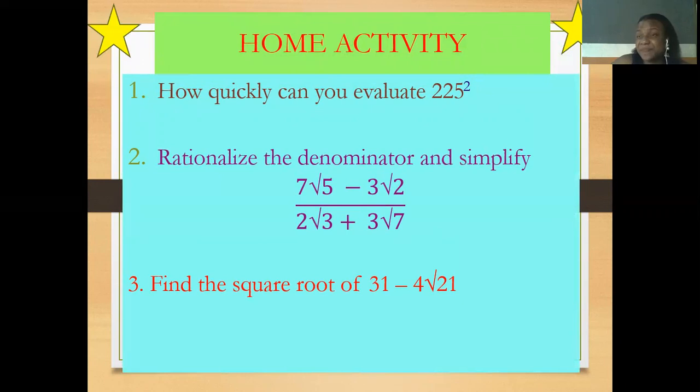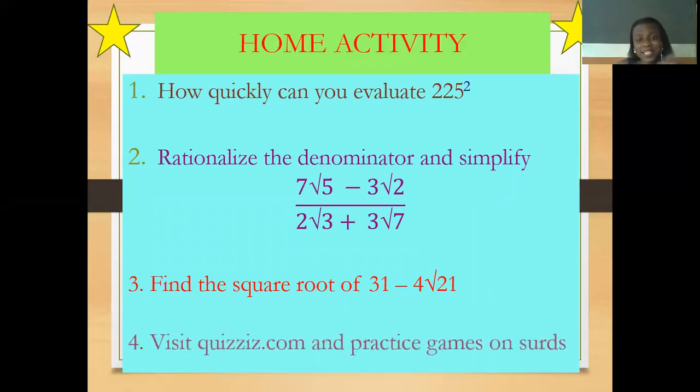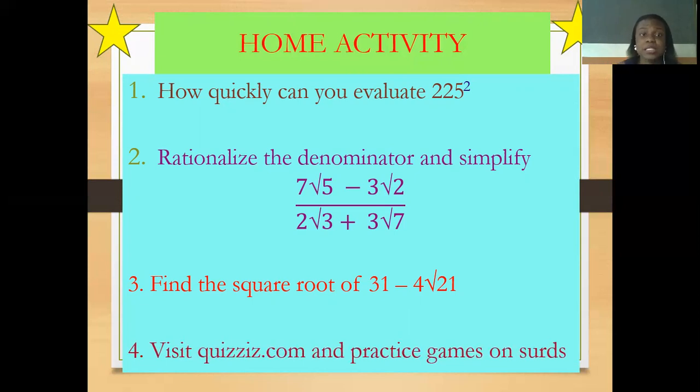I know this is a negative, but it doesn't really change much. All you need to do is assume at the start that your square root is root m minus root n. It doesn't change anything in your approach to solving. So can you find the square root of that? And then the fourth thing is you can try to just visit quizzes.com and practice some games on surds.